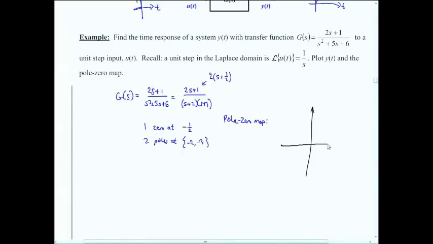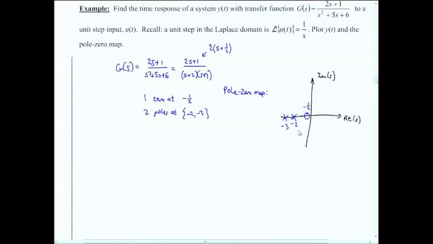Cool. I have to draw straight lines here. There we go. So this is the real part of s. This is the imaginary part of s. I have 1 zero at -1/2, so 1 right there. That's at negative a half. And I've got two poles, one at negative 2, one at negative 3. So let's see, half, 1, 2, 3. I've got one there and one there. Not very exciting, they're all real numbers.